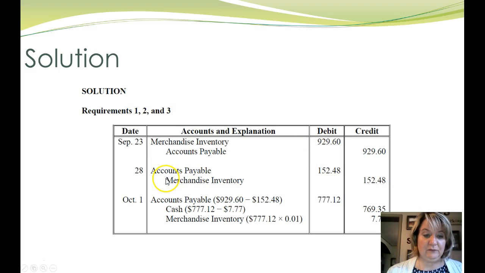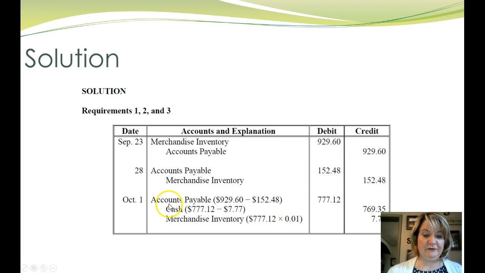And then on the 28th, you debit accounts payable for $152.48 for merchandise inventory. And that is for the return of the radials.